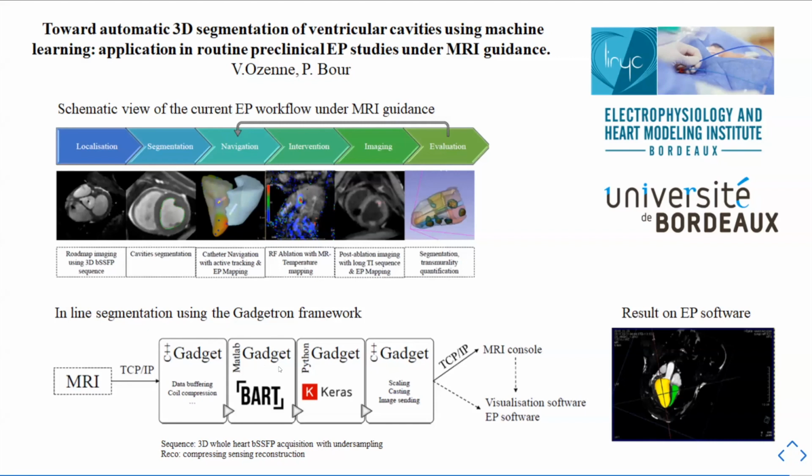Then he's using a MATLAB gadget with BART for doing the image reconstruction, followed by a Python gadget for doing AI-based segmentation, and at the end, it goes back to C++ for image post-processing. And it allows them to visualize the segmented heart directly in their software.